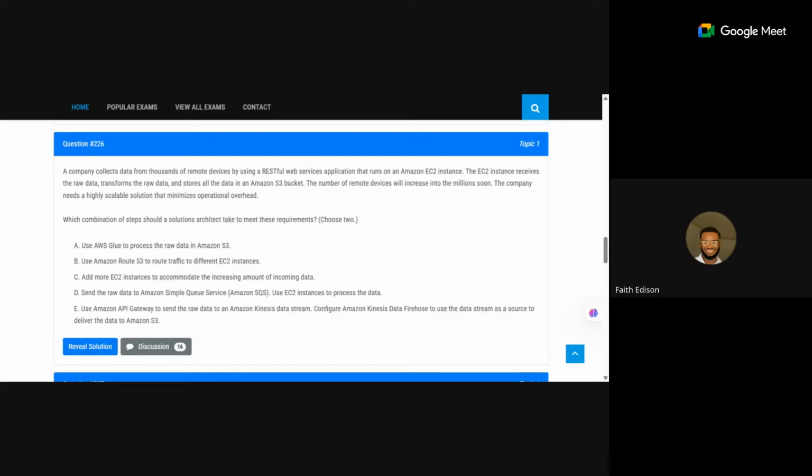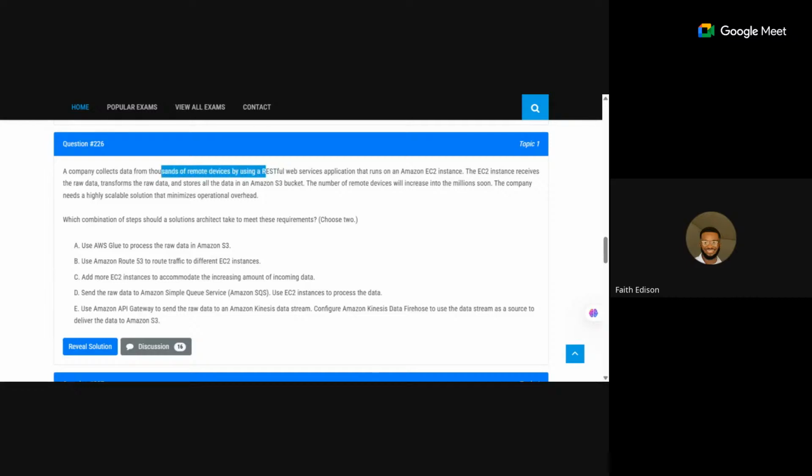The number of remote devices will increase into millions soon. The company needs a highly scalable solution that minimizes operational overhead. Highly scalable solution.